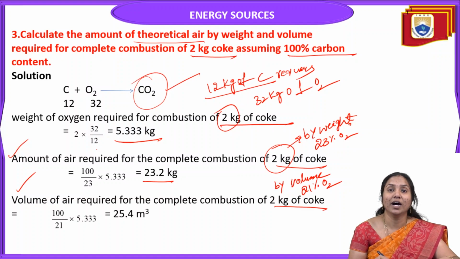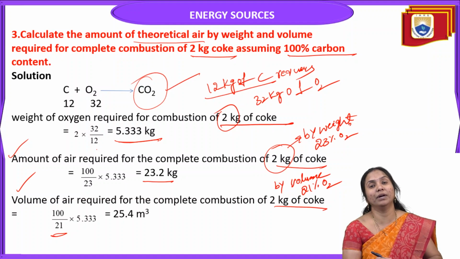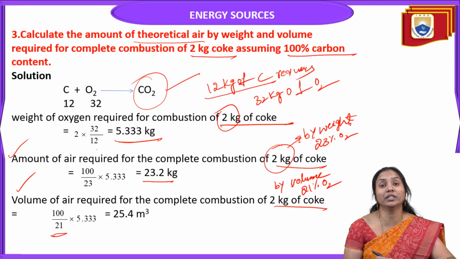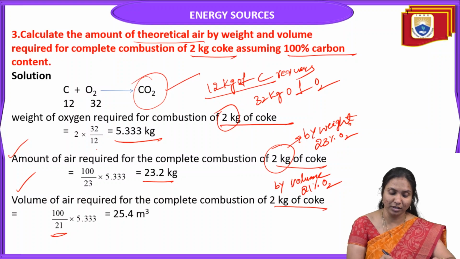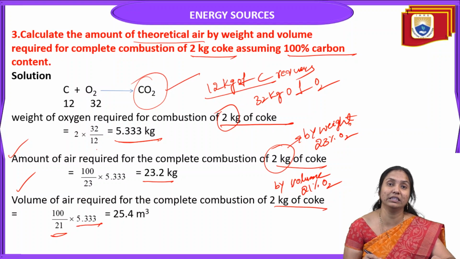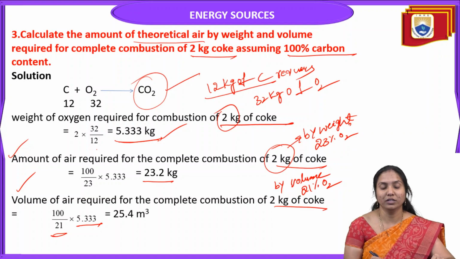So it's equal 100 by 21 because air containing 21% of oxygen by volume. So you can write here 100 by 21 into the minimum amount of oxygen required for complete combustion of remaining elements present in fuel. So its value is 5.333. Just I calculated already. So it's equal 25.4 meter cube by volume.